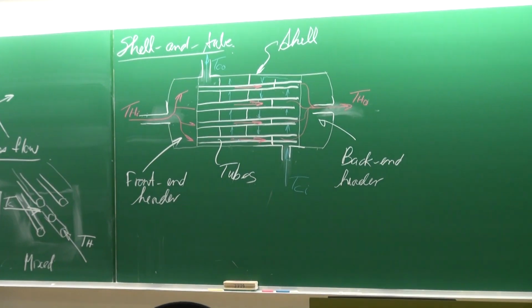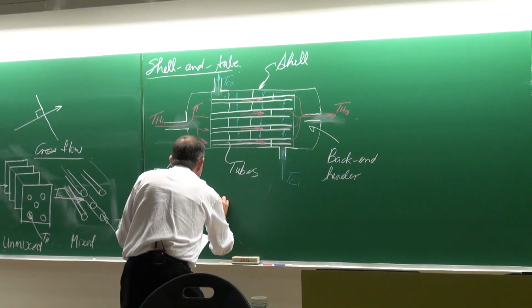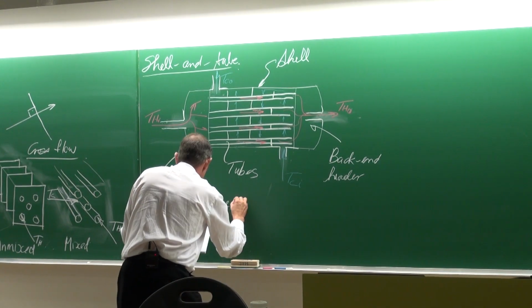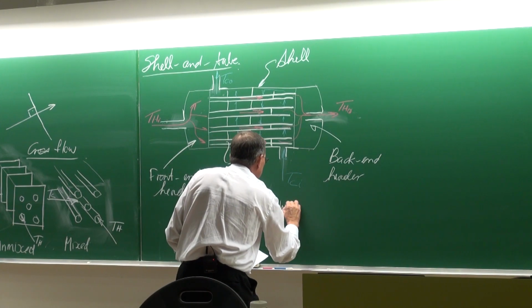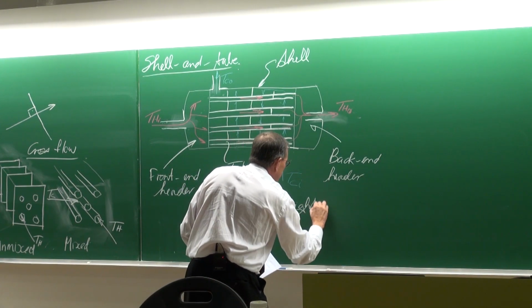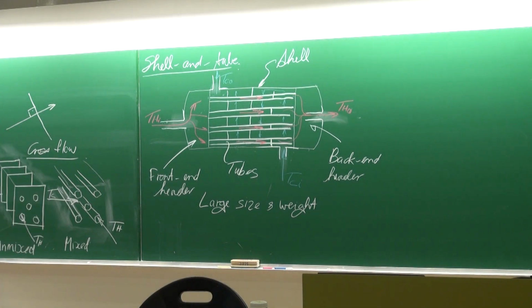Okay. Now the shell and tube heat exchangers are being used a lot in industry. However, one of the disadvantages is that it has a large size and weight. So normally, if you've maybe done a design project or a research project and your heat transfer rates are in the order of magnitude of 1 or 10, then this is not a suitable type of heat exchanger.